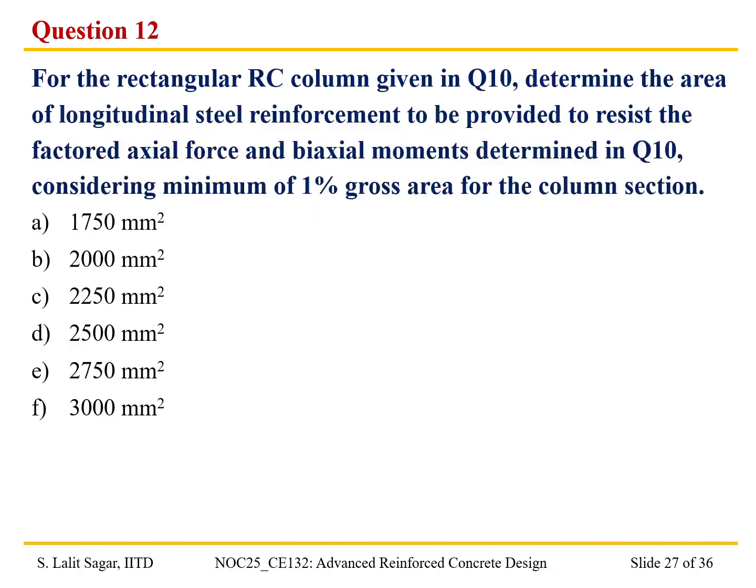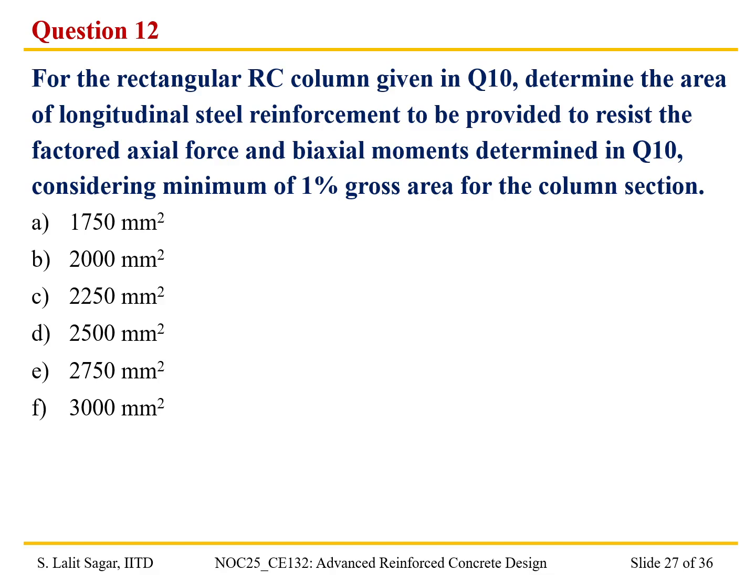Moving forward, now we have to determine the area of the longitudinal steel to be provided to resist the axial force and the biaxial moment determined in question 10. Now the procedure is the same.